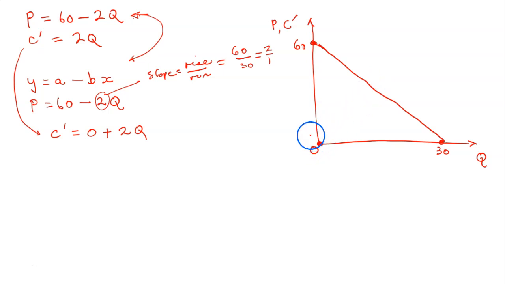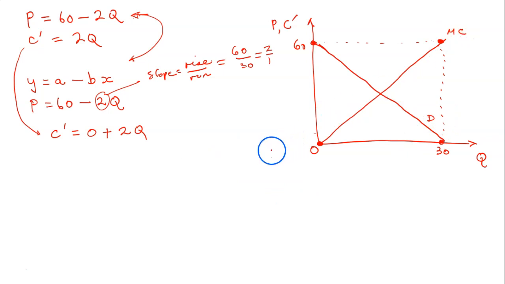For every 2 on the vertical, it goes up by 1 on the horizontal. So if it went up by 60 on the vertical, it's going to go up by 30 on the horizontal. That means this is another point on the marginal cost curve. There you go. We've got a demand curve and we've got a marginal cost curve.